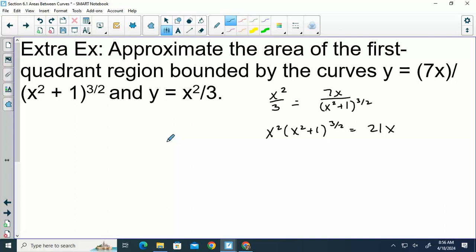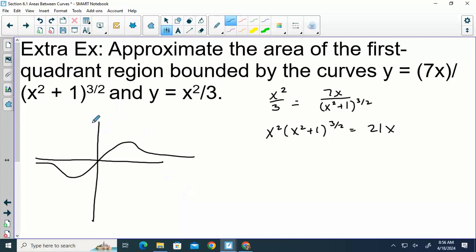Okay, so then if we look at our graph, one of them is doing something like this, and one of them is just a parabola. Since we're talking about the first quadrant region, we know we need to find these intersection points right here.